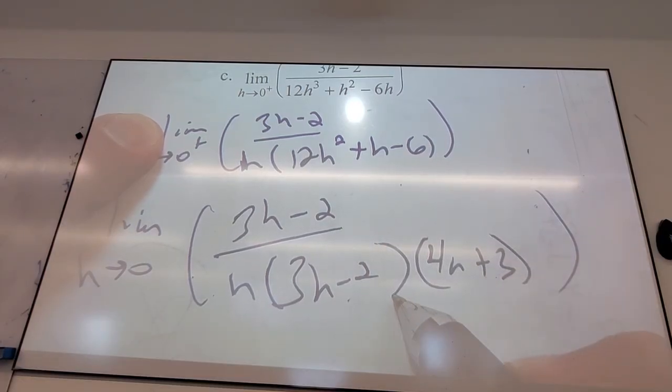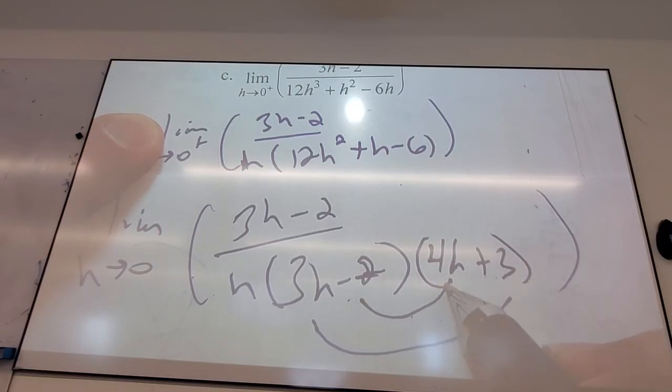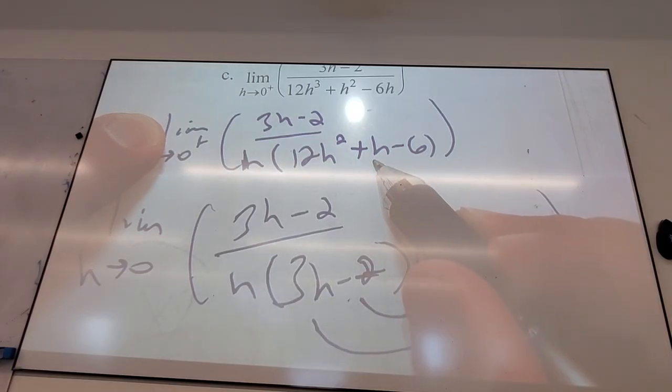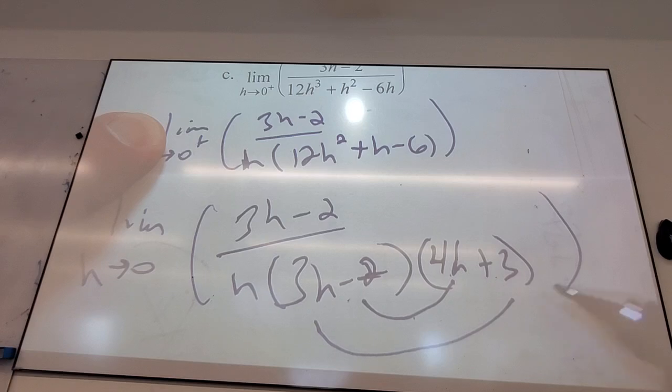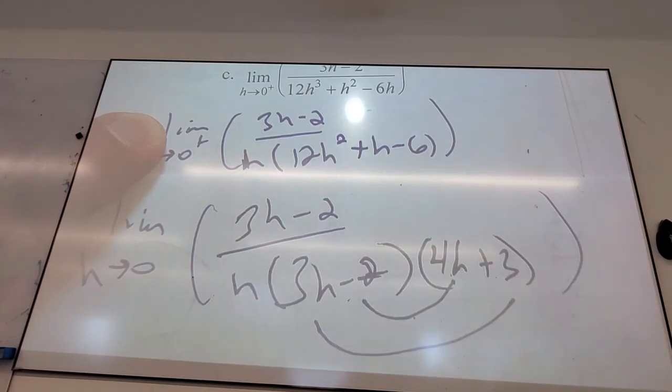And then how do I check, did I get the right middle term? Negative 8h plus 9h is h. So that's true. If I didn't get the right middle term, I would cross all this out and try something else. These go away now. So let's see what we got now.